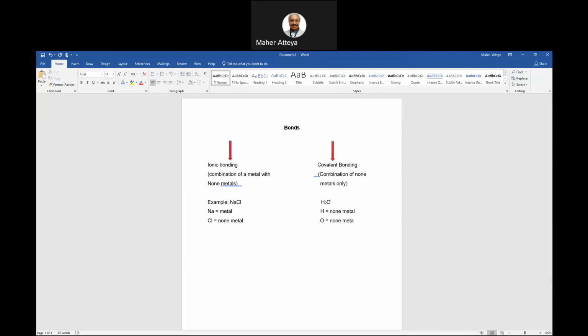So you can see now from the structure of those compounds, the ionic compounds have to have a metal. The covalent bond should not have any metal. Otherwise, the name will be considered ionic, correct? Ionic bond or ionic compound. Sometimes we say bonds or compounds, meaning the same thing.